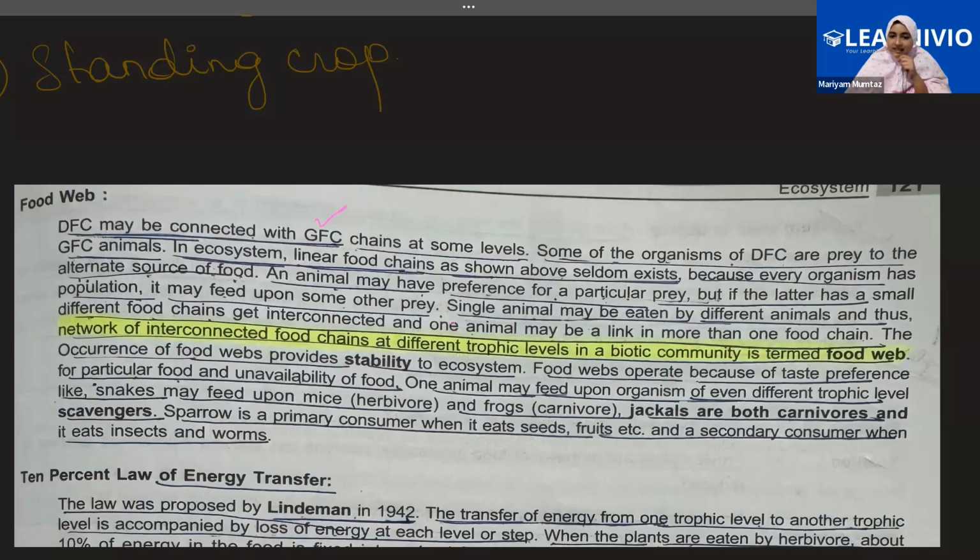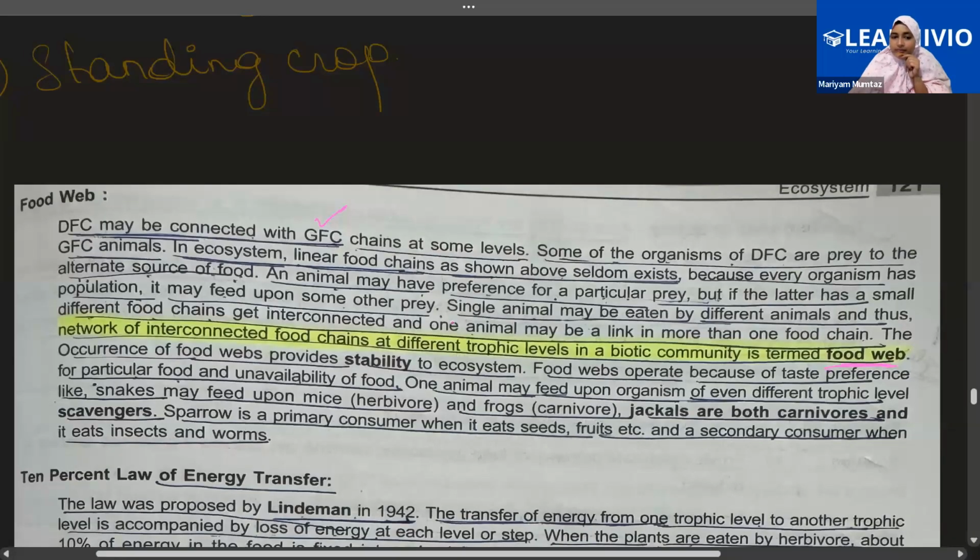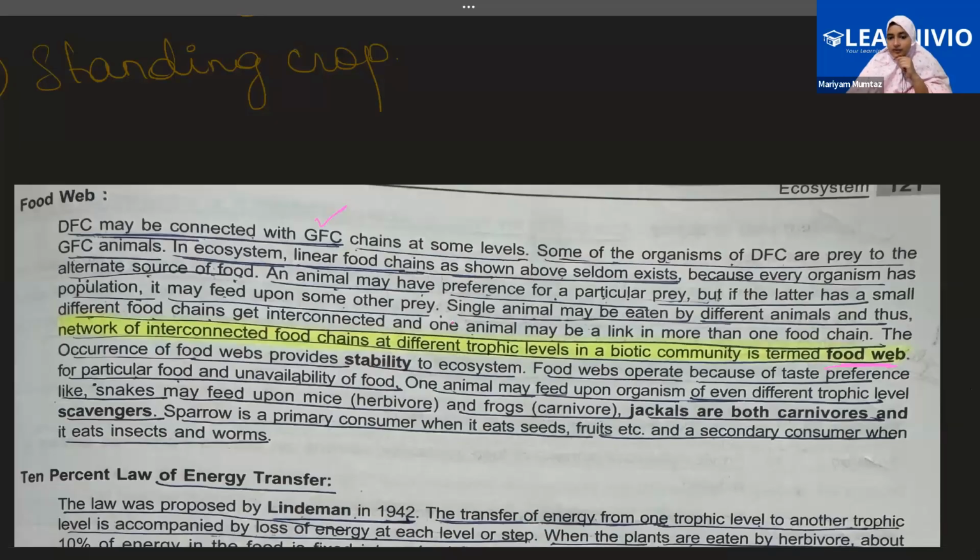A single animal may be eaten by different animals, and thus a network of interconnected food chains at different trophic levels in a biotic community is called a food web. Occurrence of food webs provides stability to the ecosystem. Food webs operate because of taste preference for particular food and unavailability of food.